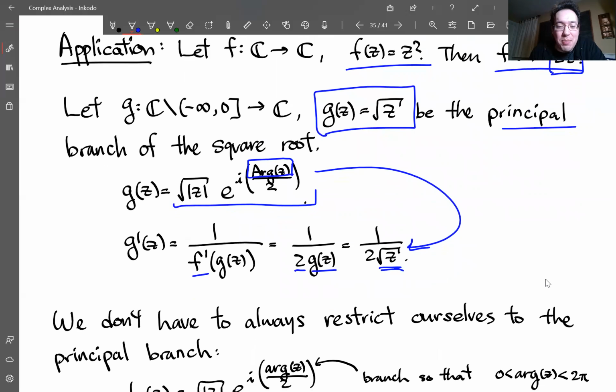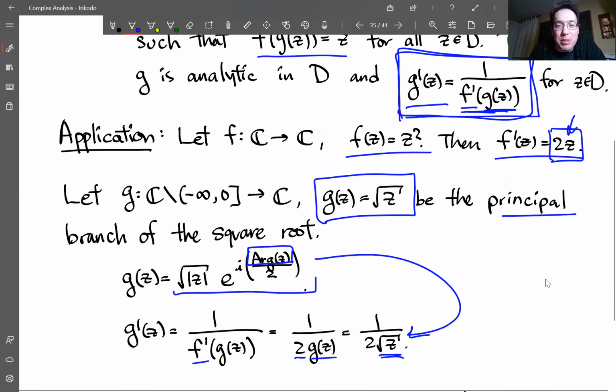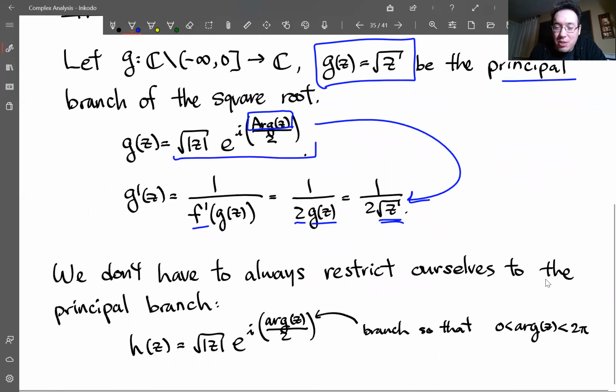Okay. I keep using the principal branch, but we actually don't have to always restrict ourselves to the principal branch. So if you wanted to use a different branch of argument, you just have to specify a branch of argument. So remember, argument is going to give an angle. So you just have to give an interval of length 2 pi.